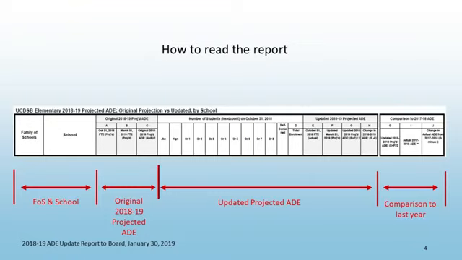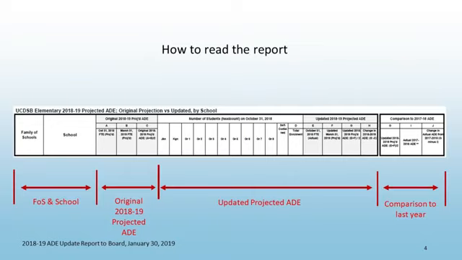The ADE update report was attached with your package, and you'll see that it's broken down between elementary and secondary panels. The report, demonstrated just by the headings on this slide, presents four pieces of information. On the left, it presents an indication of what the family of schools and school is. So we have an ADE enrollment for every school, and then added up by family of schools.